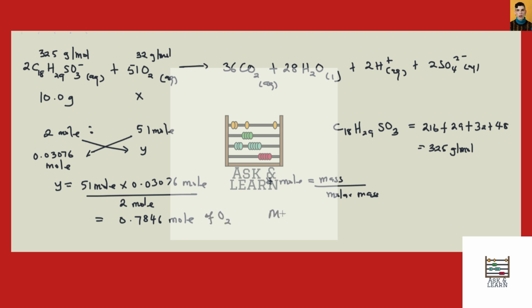So the mass of oxygen needed would be equal to the molar mass, which is 32 grams per mole, times the number of moles, which is 0.7846 mole. So this will give us 25.1 grams of O2.